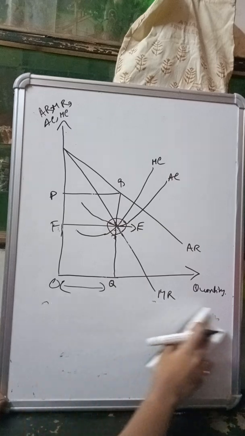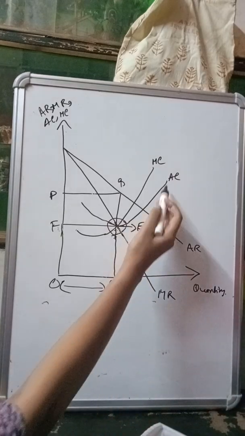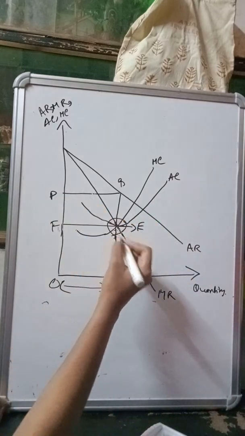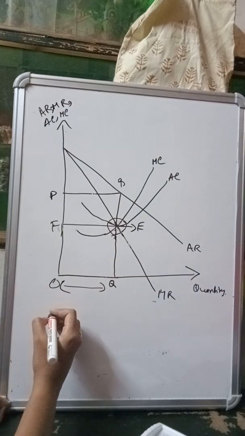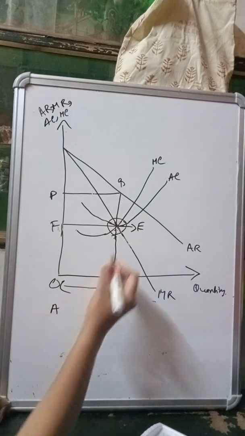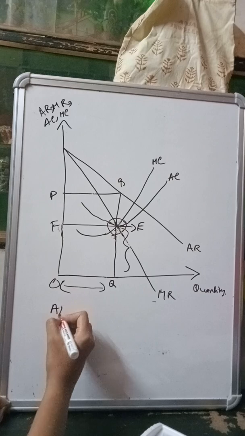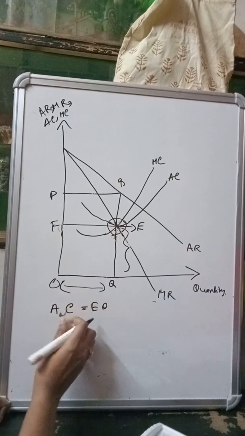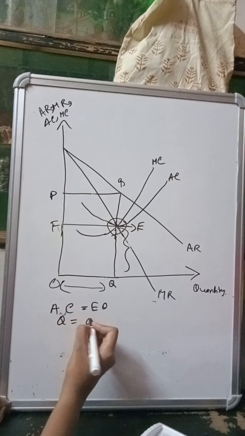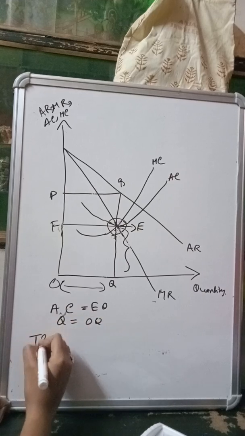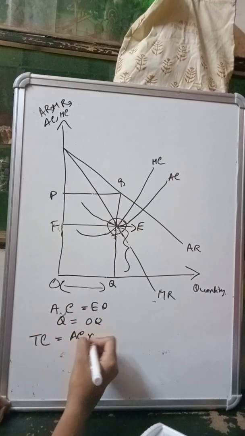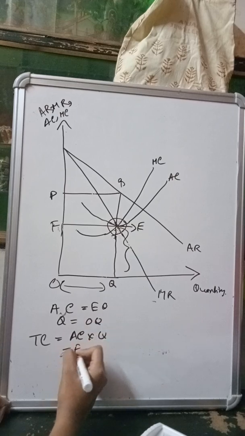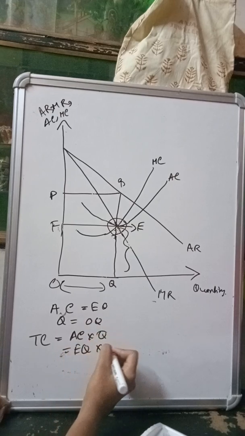How? Because my AC curve is here, right? So my average cost is EQ, right? And my quantity is OQ. So my total cost is AC into Q, that is EQ into OQ.